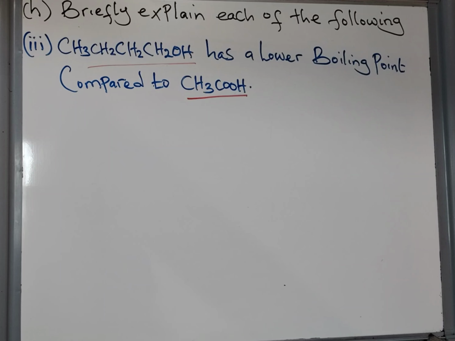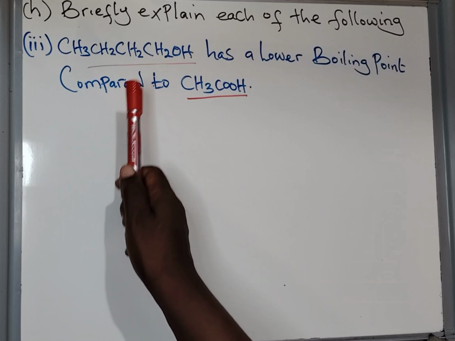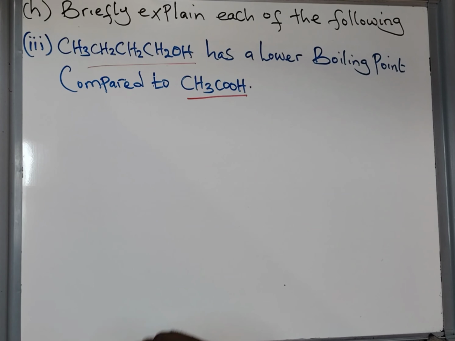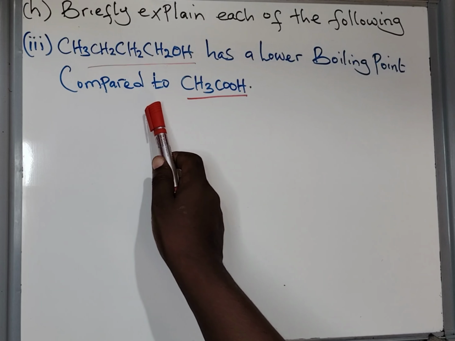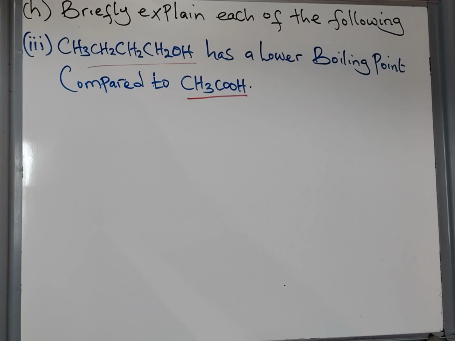The cause of the difference is that alcohols have only one site for hydrogen bonding between every two molecules, while carboxylic acids have two sites for attachment of hydrogen bonds between every two molecules. Let's put that down and show what we mean by that.